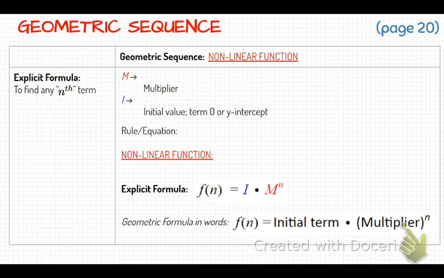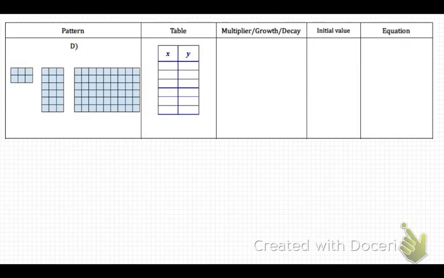Let's continue. Pattern D on the back side. What are the x values that go on my table? Yeah, 1, 2, 3, the same ones. 1, 2, 3, 4, 5, 6. Now, how many units are in the first figure? 6.